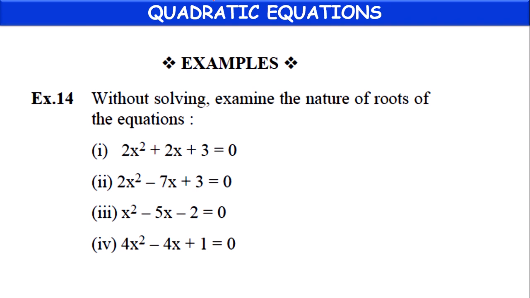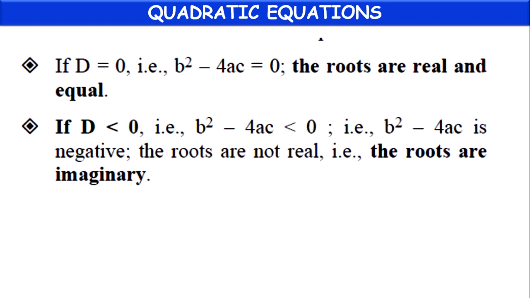Next, let's see the example. Without solving, examine the nature of roots of the equations. Without solving by any method like factorization, completing the square, or formula method, we have to find the nature of the roots directly based on the discriminant.